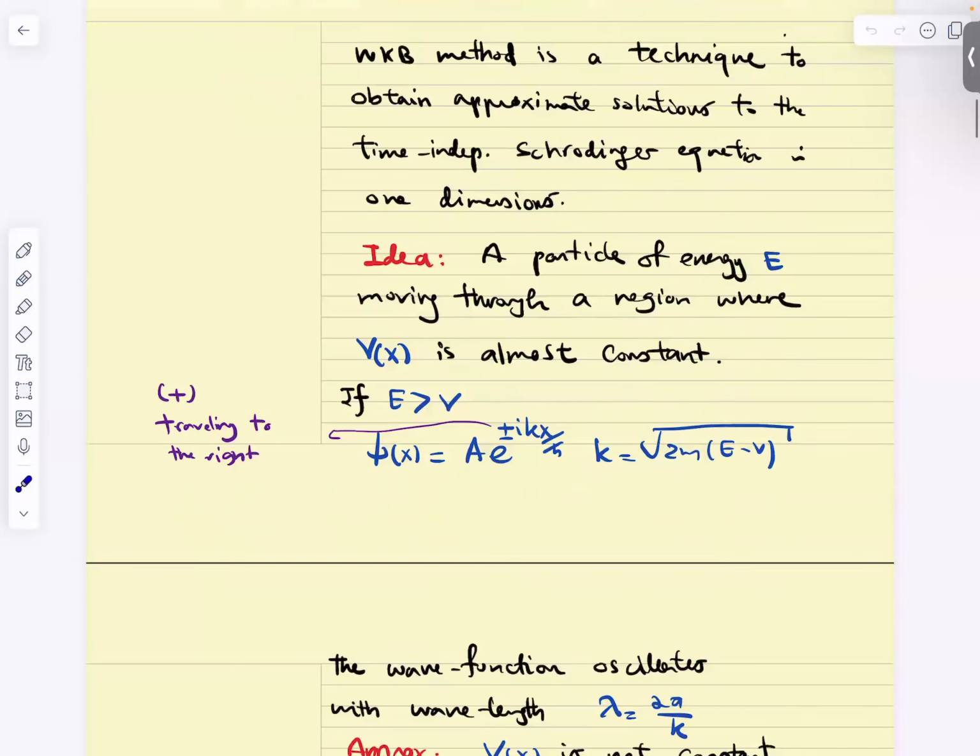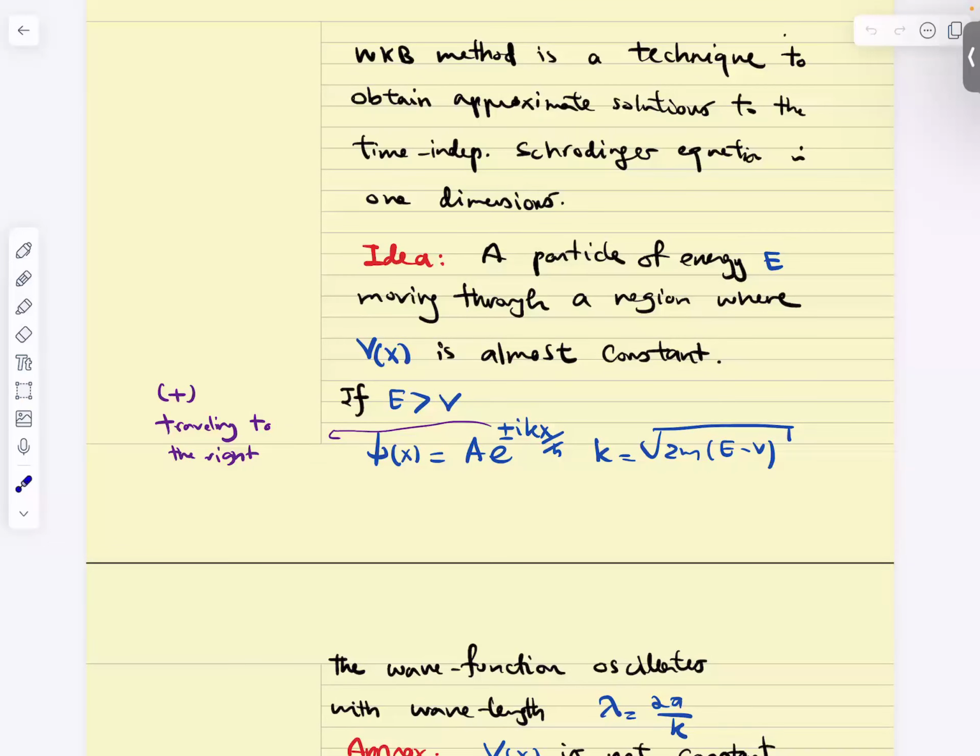So what was the idea? I'm going to present the idea from a different perspective. Everything I say will match whatever I had said before, but it's a different perspective, perhaps a less math heavy, more word heavy presentation. The idea is that you have a particle with energy E moving through a region with some potential.